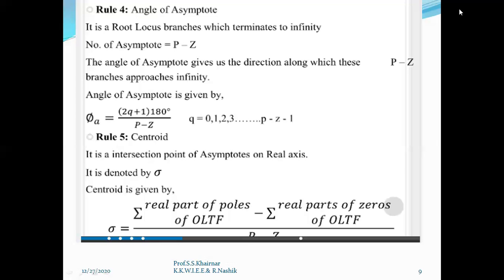Now, how many poles are there? S equal to 0. So this is one pole. Suppose this is -2, -4, -6. So S is equal to -2. This is one pole. S is equal to -5. So this is -5. This is one pole.